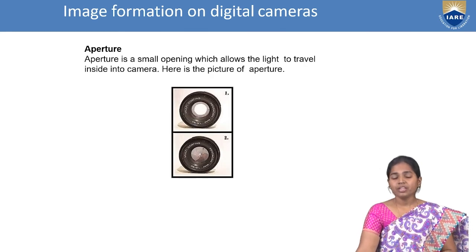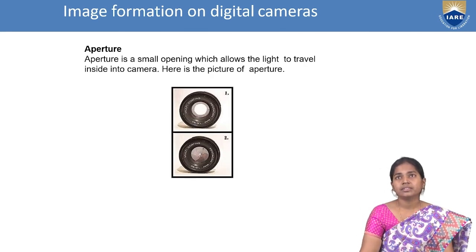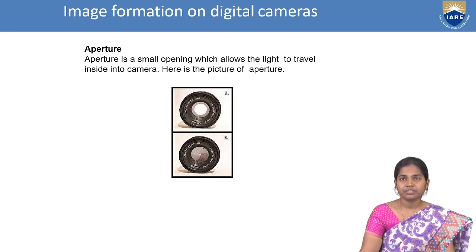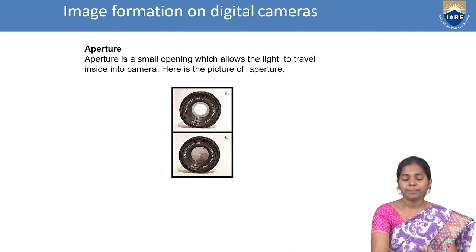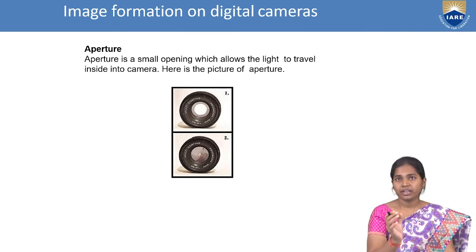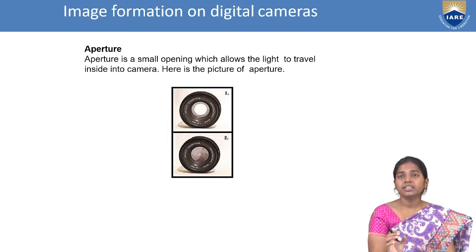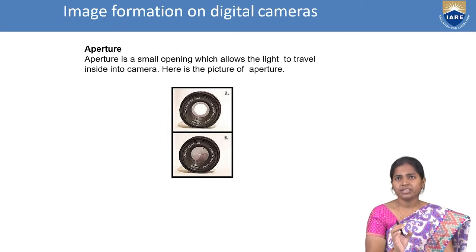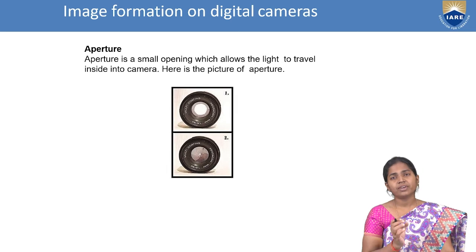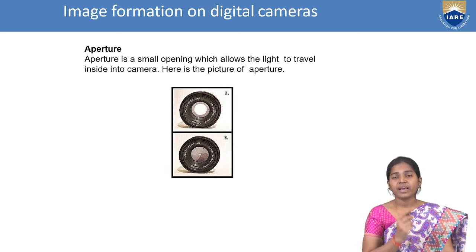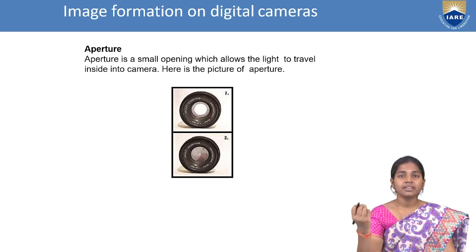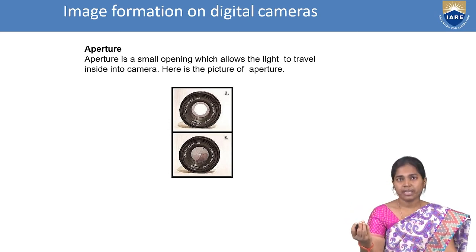Here, one important term in our digital camera is aperture. So what is meant by aperture? Aperture is nothing but the opening and closing in front of the camera. If this aperture is widely open, then maximum light energy falls on our charge coupled device and it gives the maximum output.